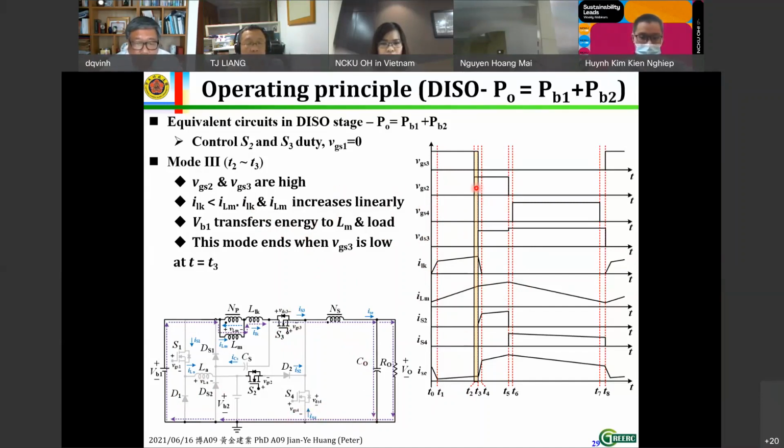Although VGS2 is high, the VB battery voltage is usually lower than the main source power. So in this mode, the energy from battery VB2 still cannot transfer to load. And this mode will end when VGS3 is low at T equal to T3.